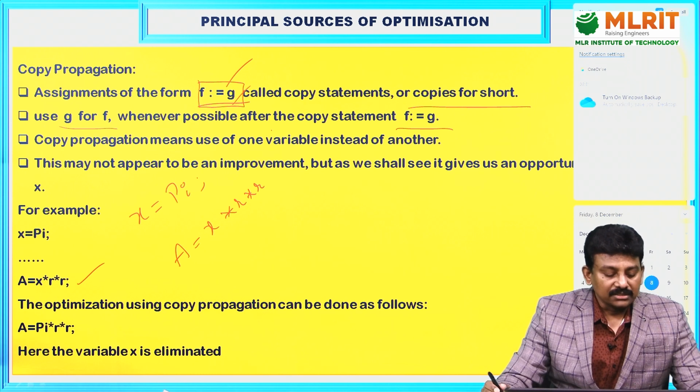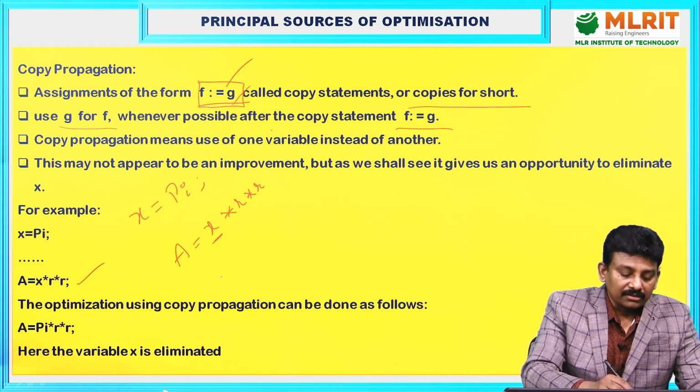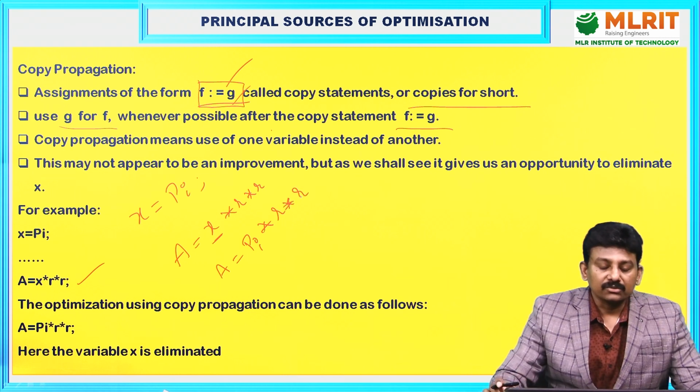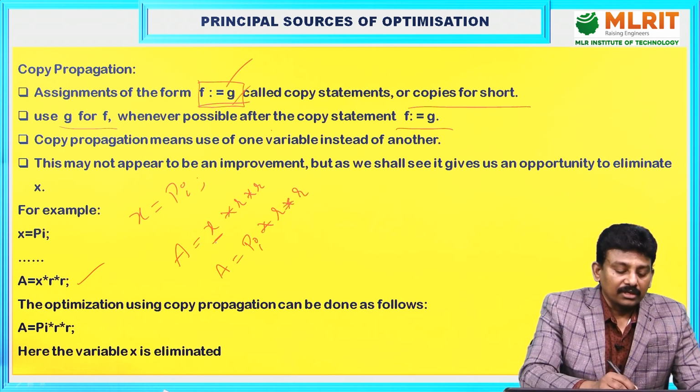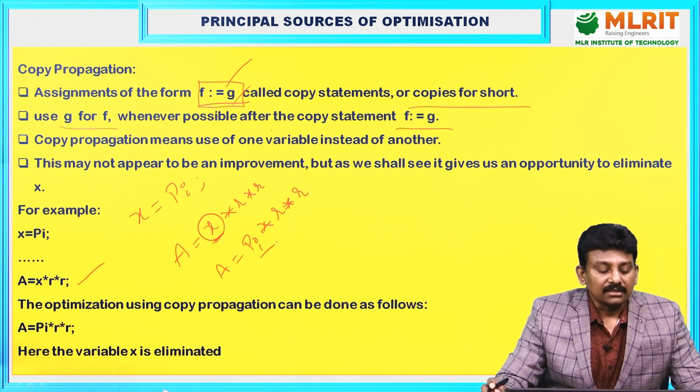The optimization using copy propagation can be done as follows, so that we can eliminate variable x by rewriting this as a is equal to pi into r into r. So, we have eliminated variable x by using pi instead of x.